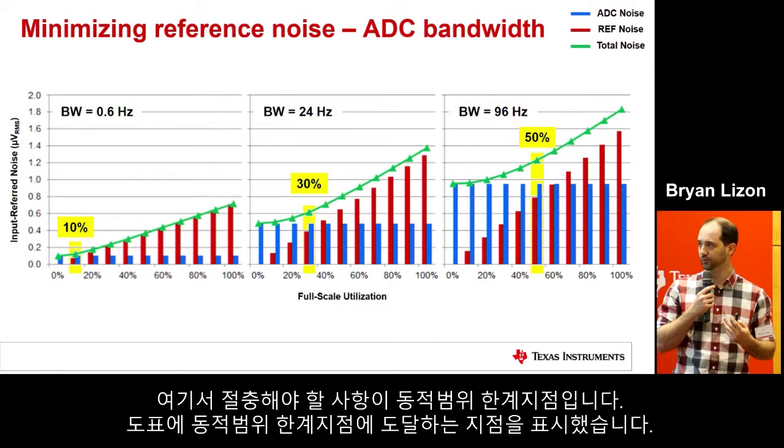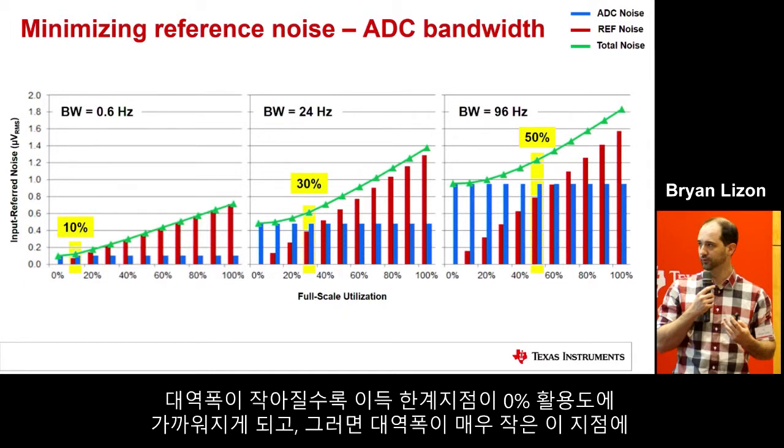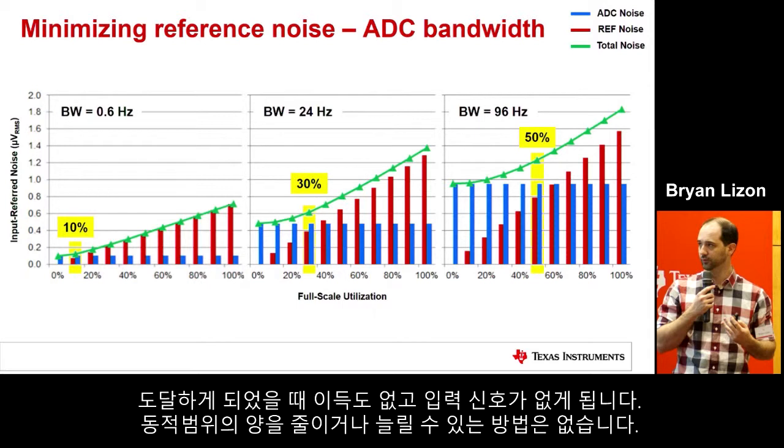Another one of the trade-offs you have here is that I've marked the point where you hit that dynamic range limit on each plot. The smaller your bandwidth, the closer that gain limit is to 0% utilization, which means that once you get to this point with a very small bandwidth, no gain, no changing your input signal, nothing's going to help you actually reduce or increase the amount of dynamic range you have.